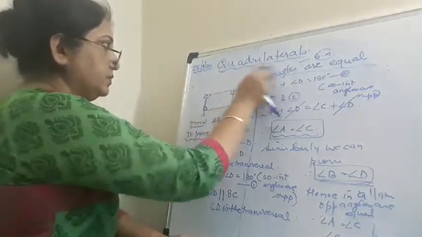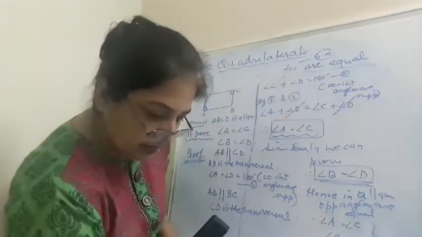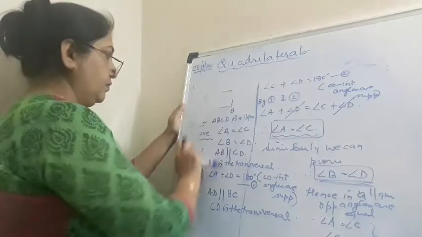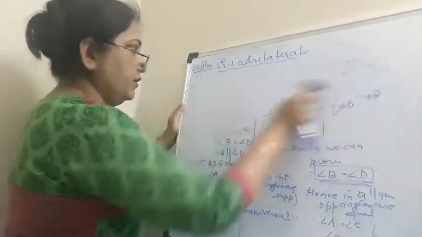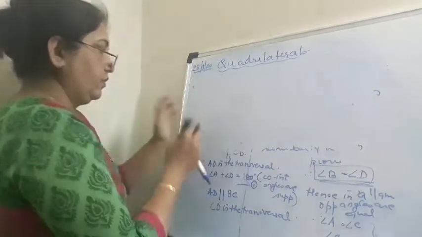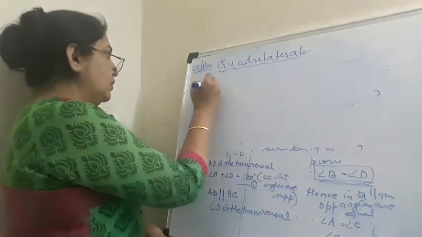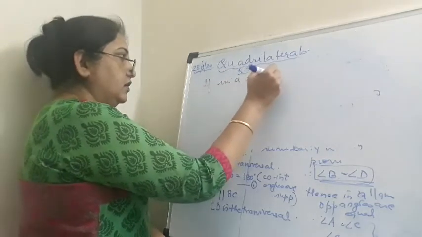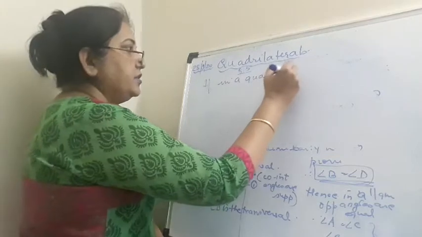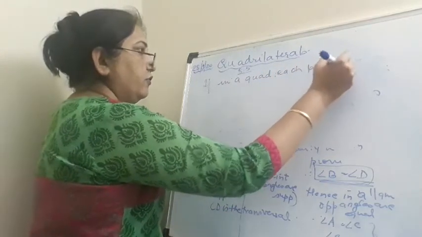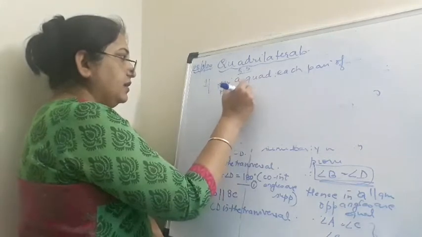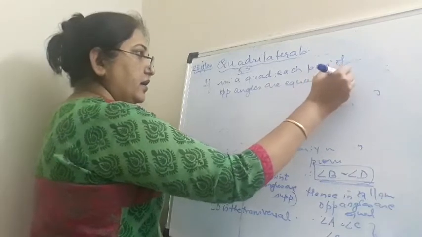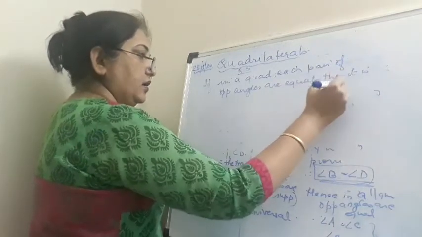Now, next, the next theorem is that, this is 8.5, if in a quadrilateral each pair of opposite angles are equal, then it is a parallelogram.